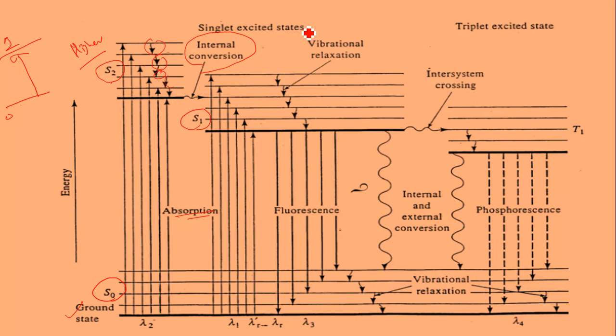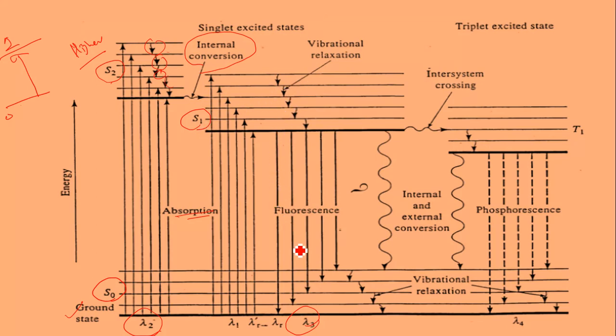Now again it falls back to the vibrational level, internal conversion, vibrational level, and if it falls back with a higher wavelength than the excitation wavelength, then it is known as fluorescence. Again I am repeating: the molecule gets excited, then it interconverts itself to a lower excited state by means of vibrational relaxation.